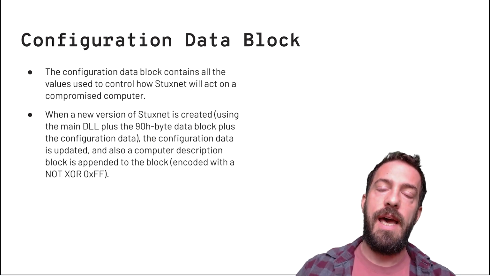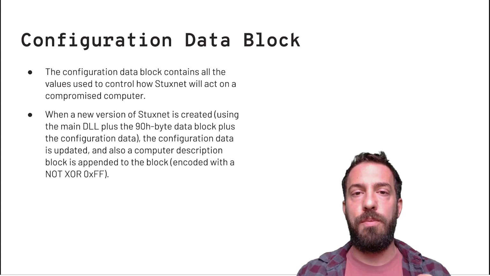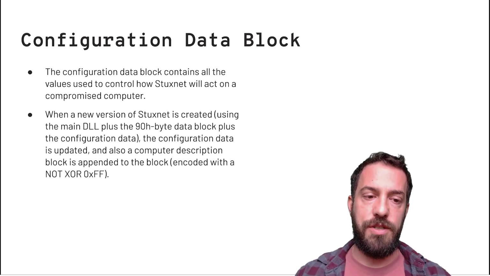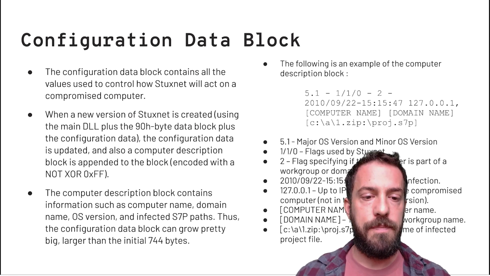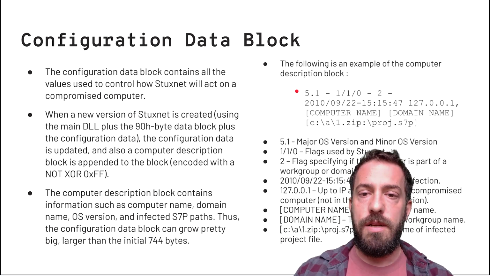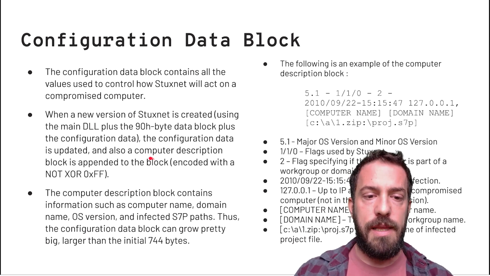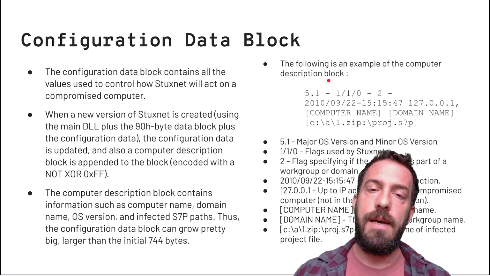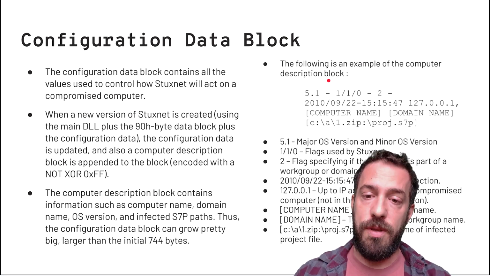And whenever two Stuxnet infected computers would communicate, the newer version would override the older version, no matter which way that was. There was also a computer description block appended to that configuration data block, and that would be information about the infected computer.